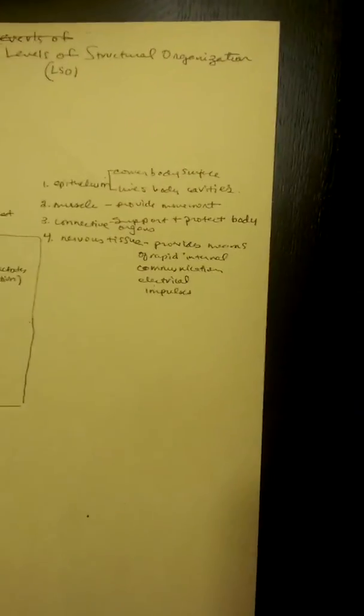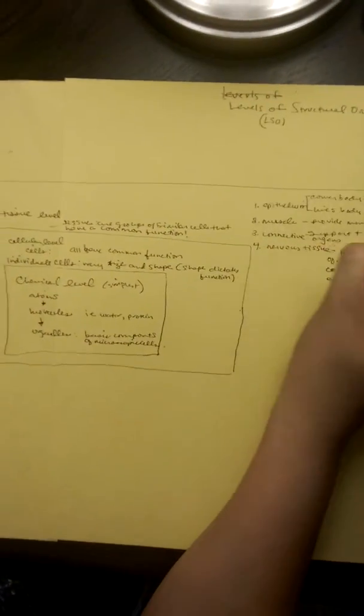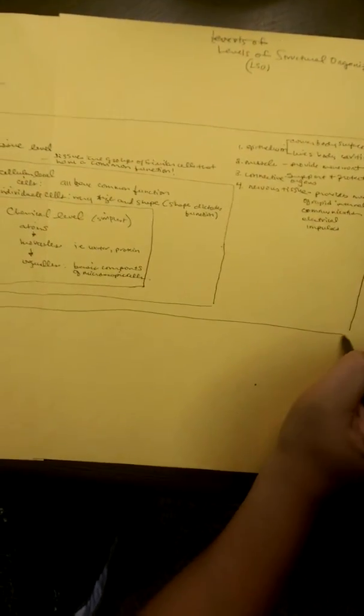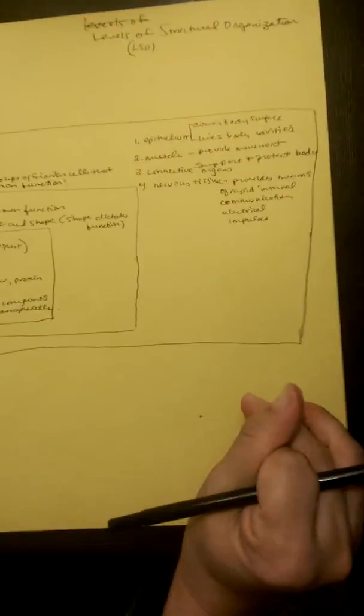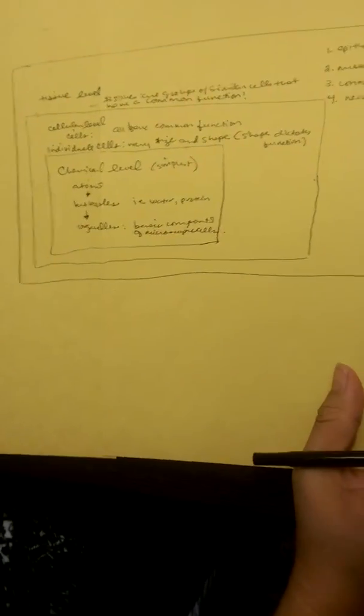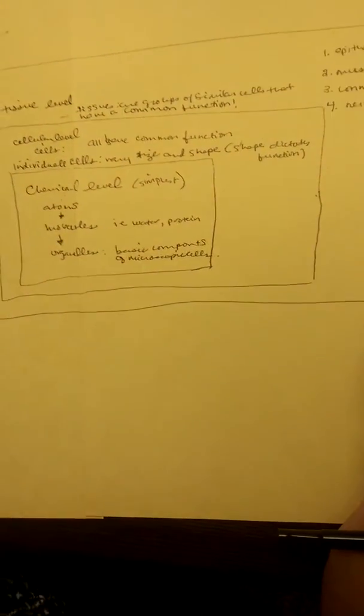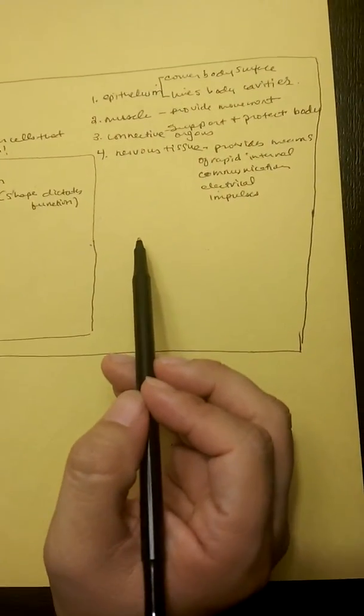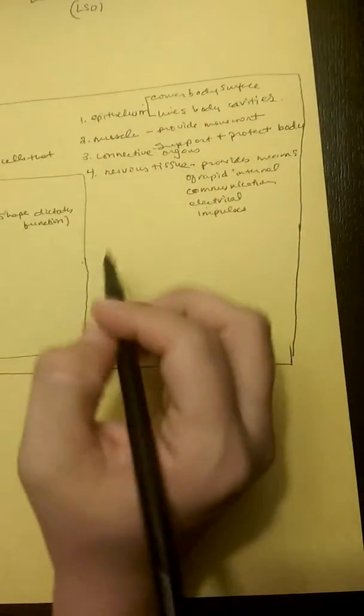Okay. Now we have the tissue level. And all these tissues come together, okay, to form organs.